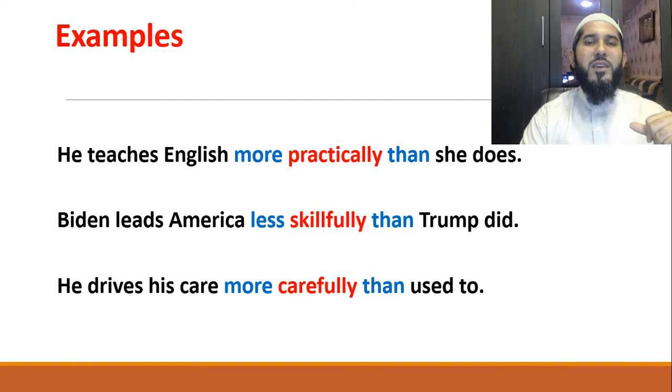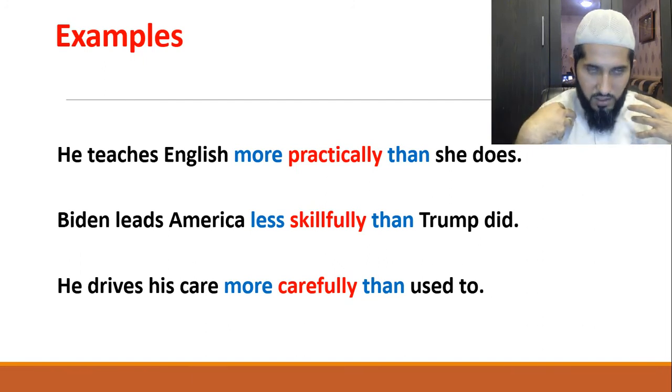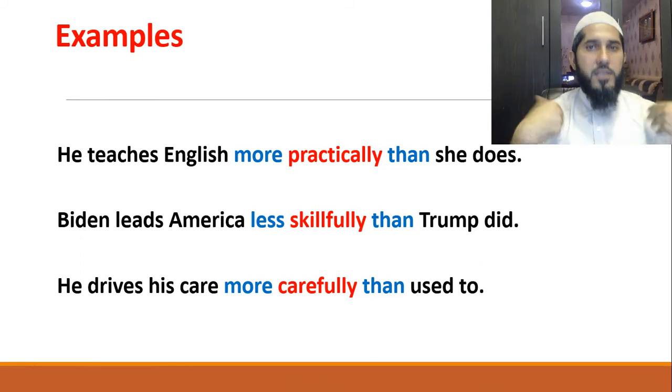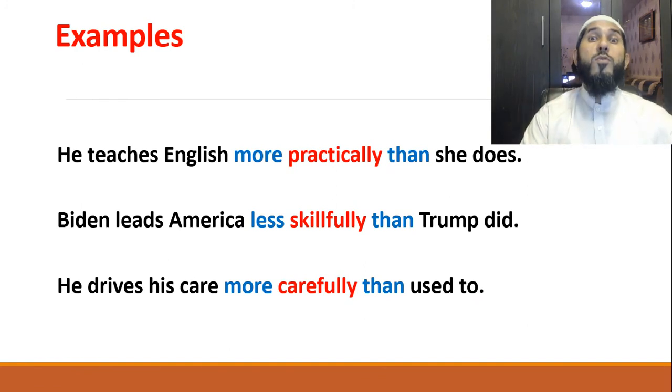But if he is elected again in the future, so now I'm trying to bring an example in which I'm comparing two actions related to one person, Biden. So if Biden is elected again as the president of the United States of America, he will lead America more professionally than he does now. So that's also possible, two actions related to the same person at different times.